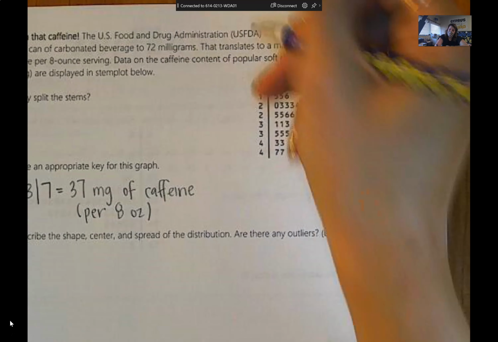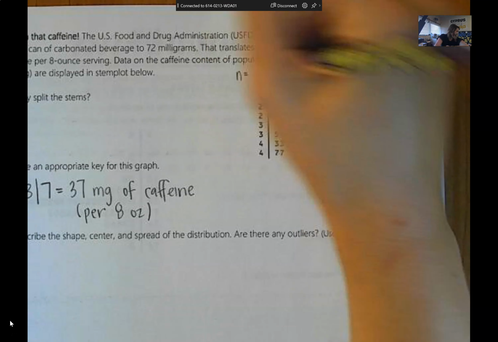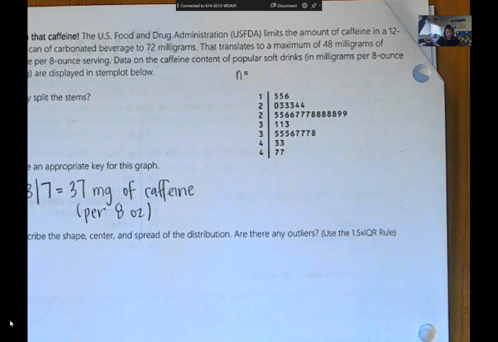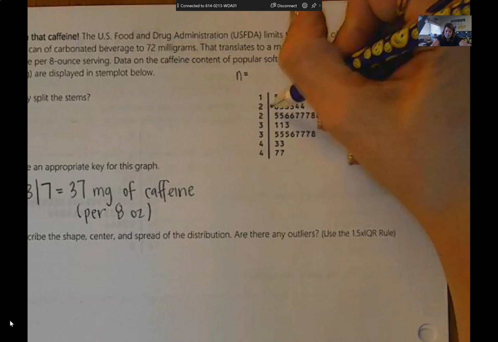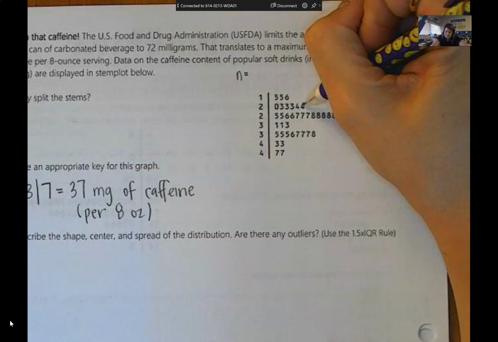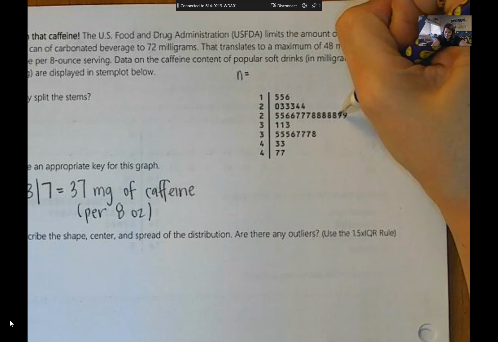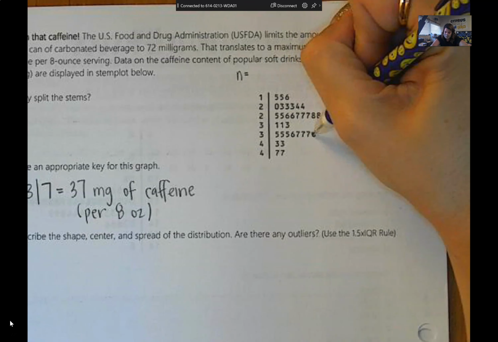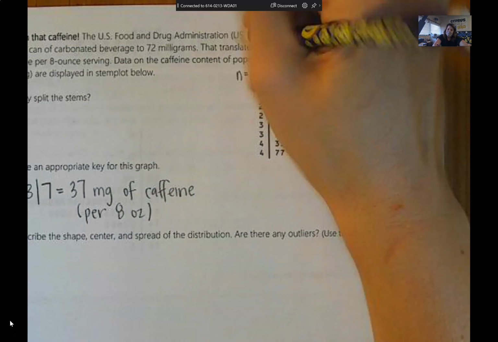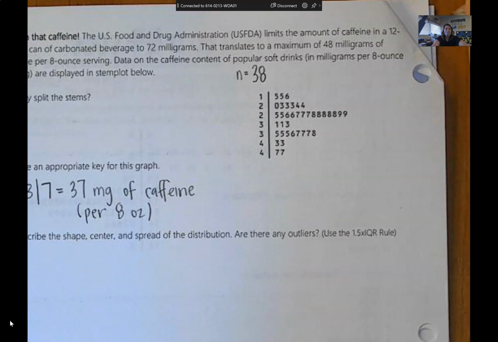So we need to find N. So I'm just going to count them up on the paper. Okay, I'm getting 38. How about you guys?